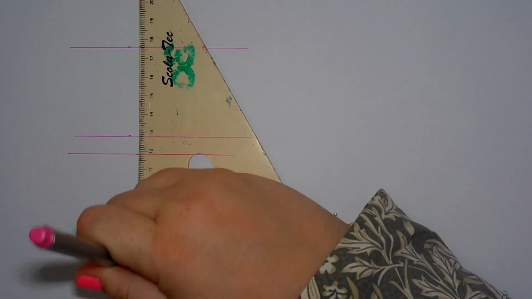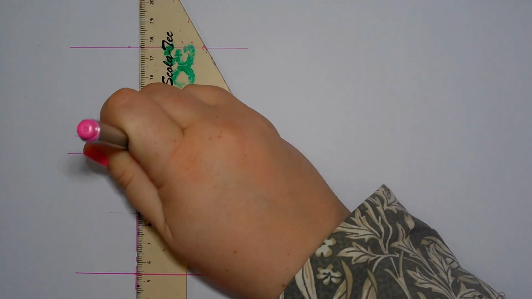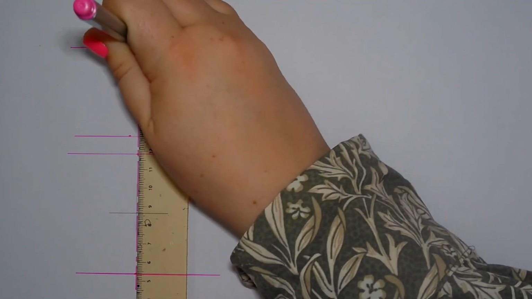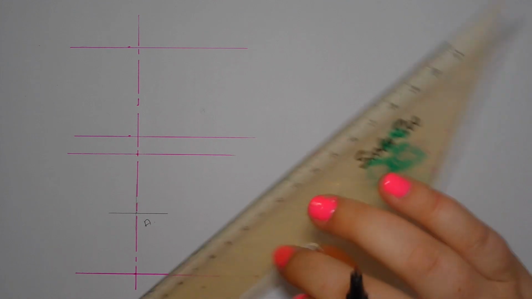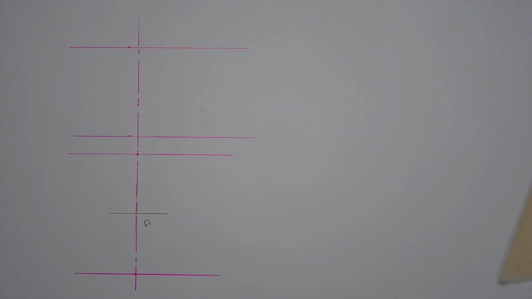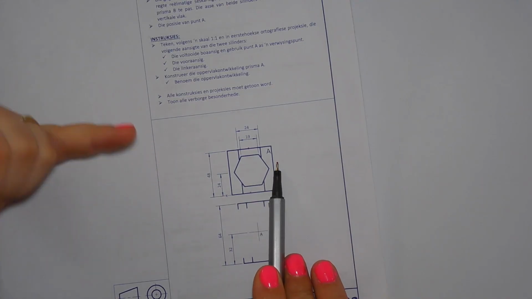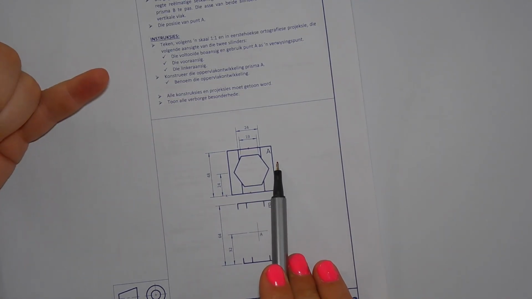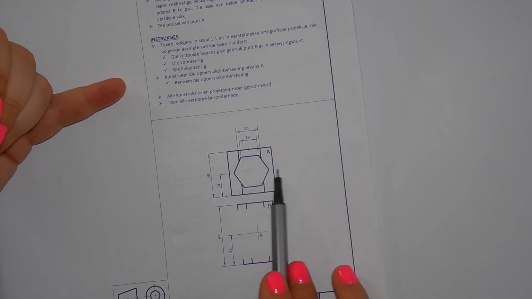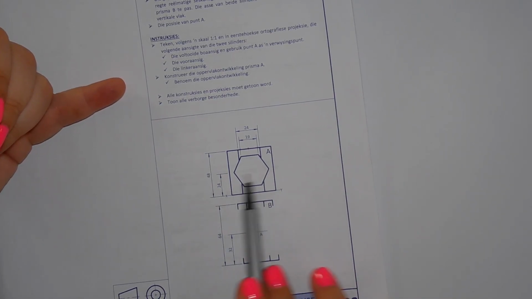Just going to extend my center line. They don't say how wide this piece is, so I'm just going to continue with what I can see that I can draw, and I can give myself a center line from this 24 up measurement.